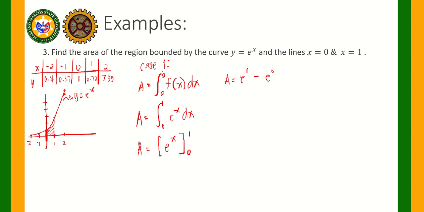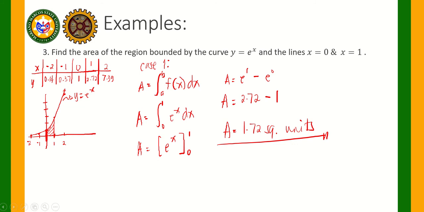E raised to 1 is 2.72, minus e raised to 0, which is 1. So our area is equal to 1.72 square units. That is the area of a plane region.